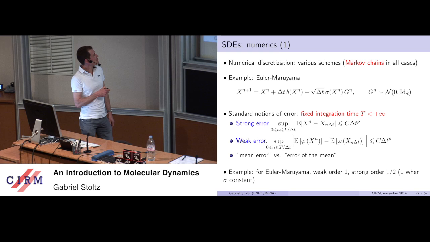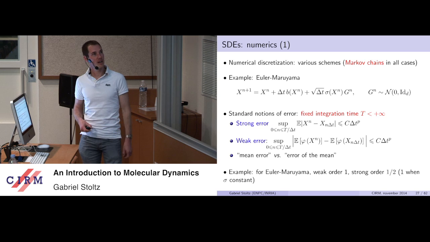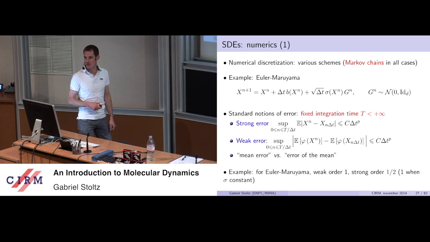The two most common ways are to measure errors on finite integration times by either looking at what is called a strong error, so really errors between realizations of the paths, or rather looking at weak error, so only looking at differences between averages over the configurations. So here it's rather like an average of the error, and here it's rather like an error on the averages. This second notion, the weak error, is less demanding than the strong error.